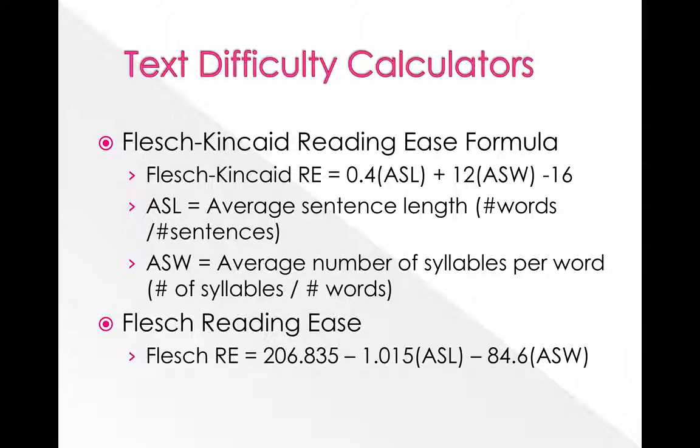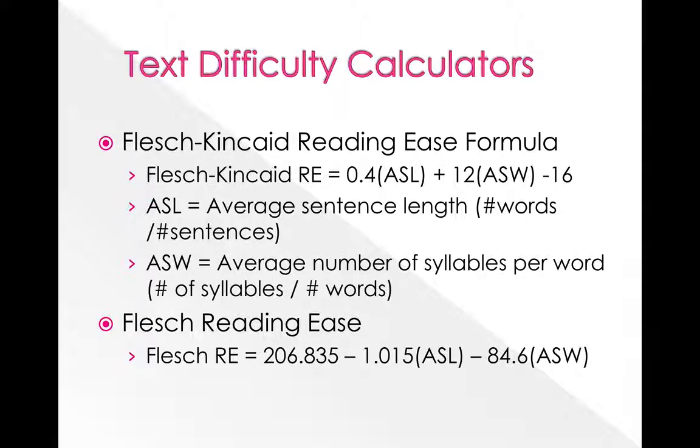So the average sentence length would be the number of words in your text divided by the number of sentences, and the average number of syllables per word would be the total number of syllables in your text divided by the total number of words.